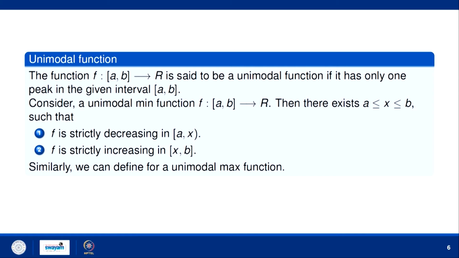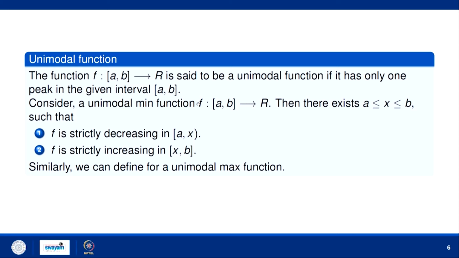So, this function from [a, b] to R is said to be a unimodal function if it has only one peak in the given interval [a, b]. If there is only one peak, either minima or maxima, it is called a unimodal function.